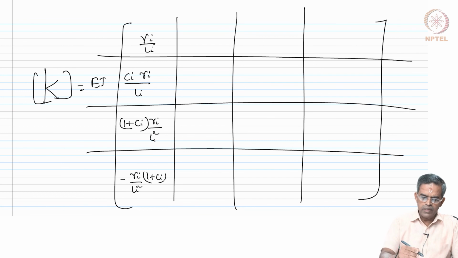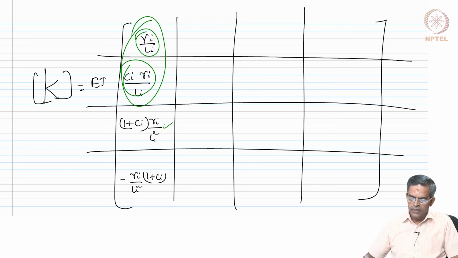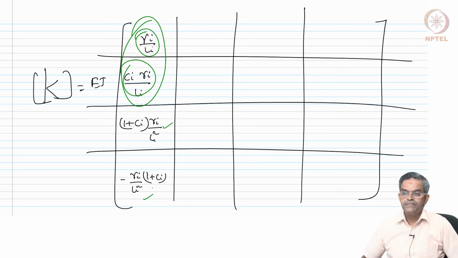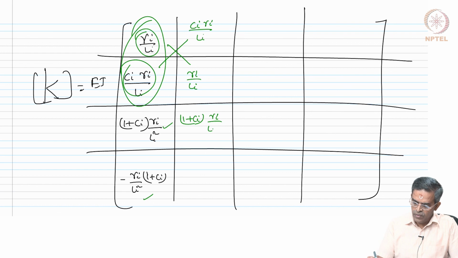You can easily remember this, friends. If you remember this and this, the sum of these two by L will be this, and minus of this is this. It is the same as the stiffness matrix of the beam member. Now, to get the second column, swap this. So this is Ci Ri by Li, this is simply Ri by Li, and this is the same as the previous column.